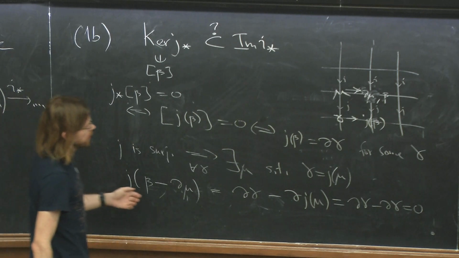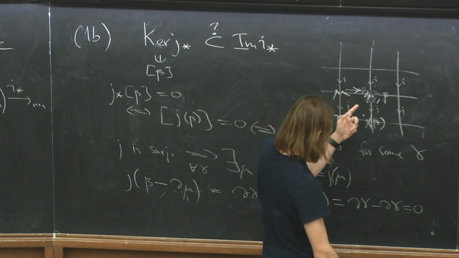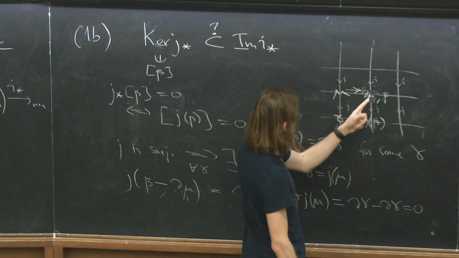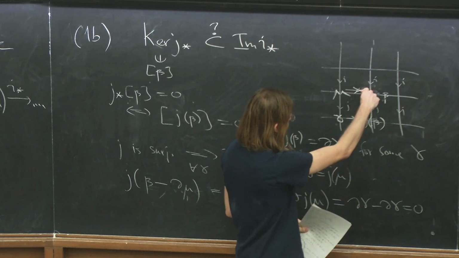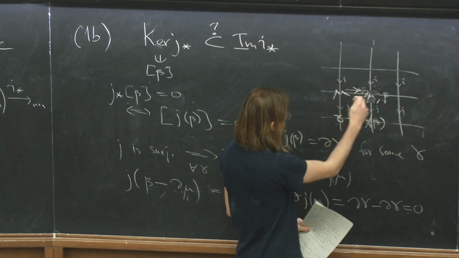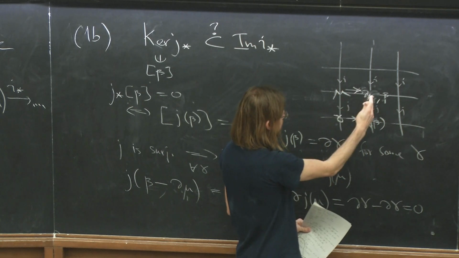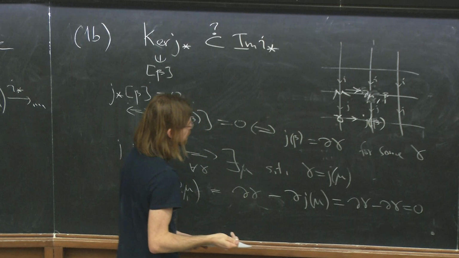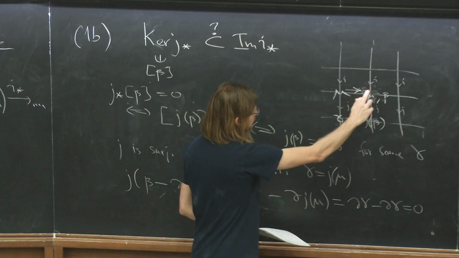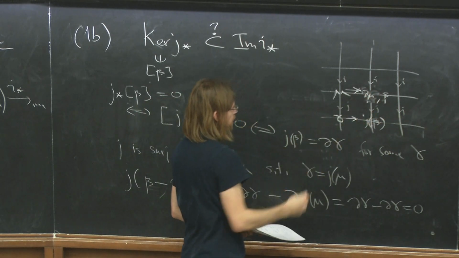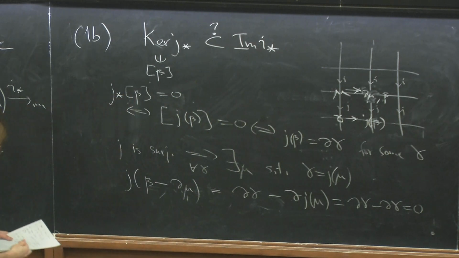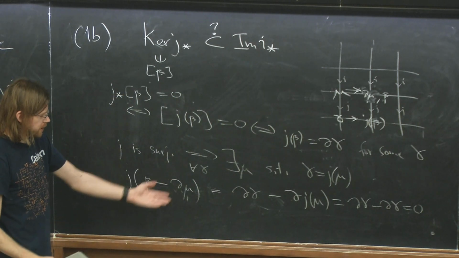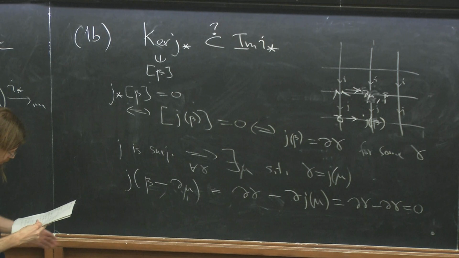It's automatically 0 because this square is commutative. If you construct some preimage by going in this direction and then send it back here, you necessarily should get the same thing. So the difference between these two is automatically sent to 0, but more explicitly you just check it by formulas like this.